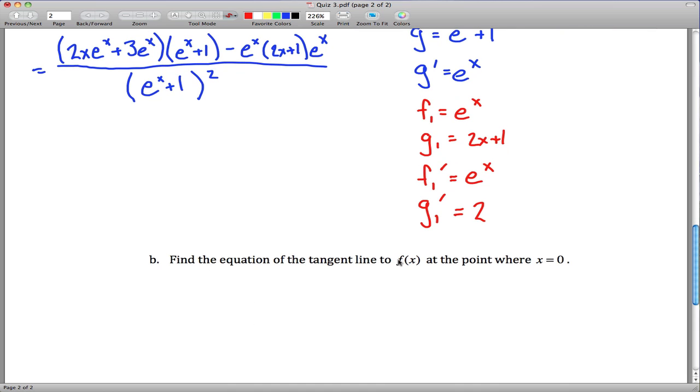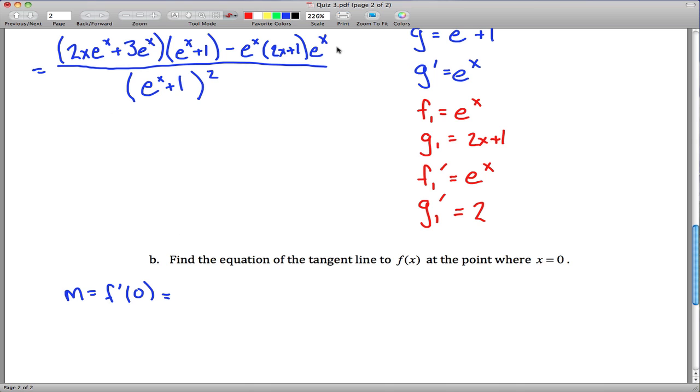Find the equation of the tangent line to f of x at the point where x equals 0. Alright, so we got f prime of x right here. So our slope will be f prime of 0. Right? We want it when x equals 0.